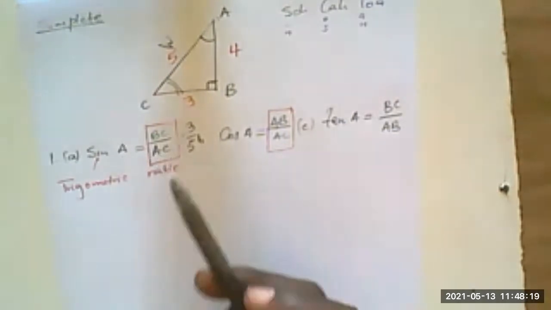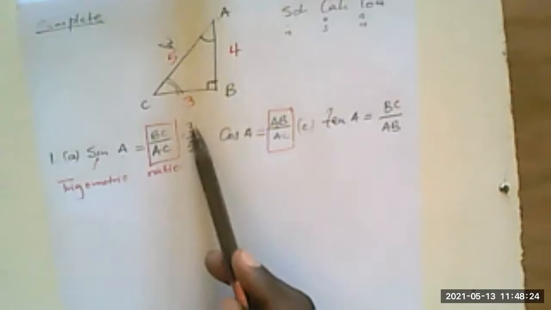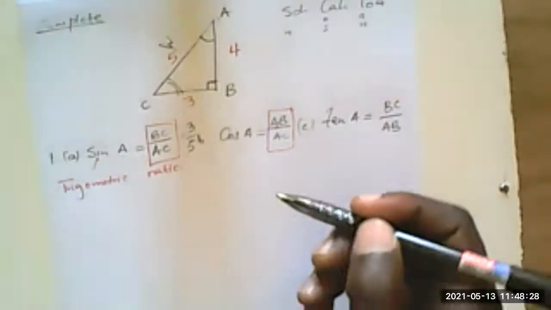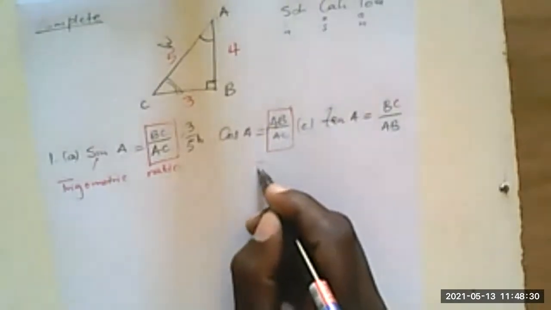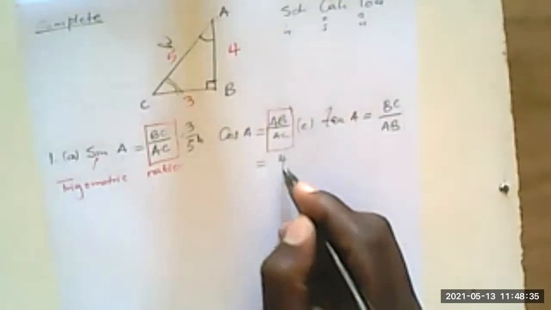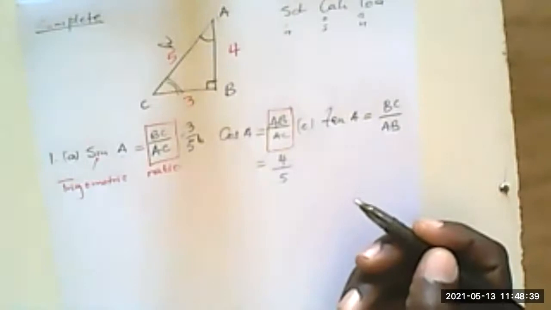Remember, we have to find the relationship of the angle together with the sides. Now, for this one, it will be AB. AB is 4 over AC. AC is 5.